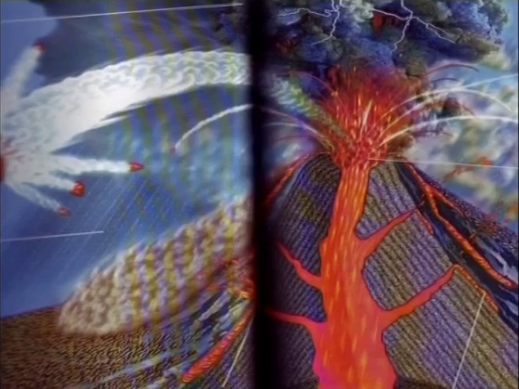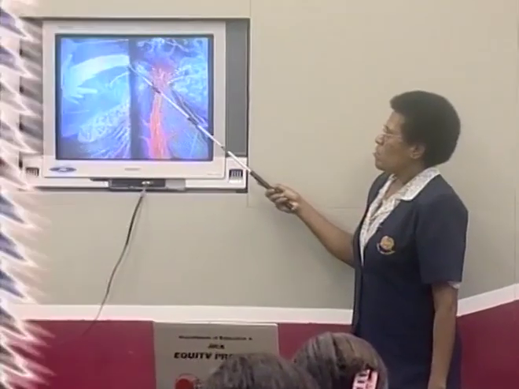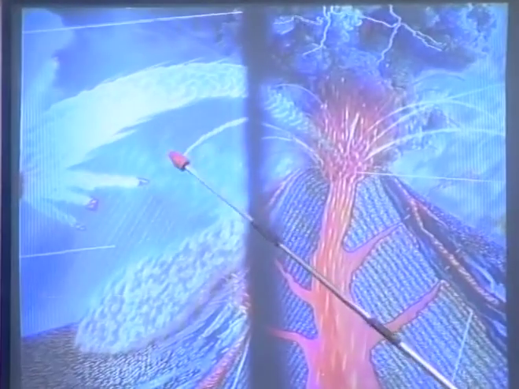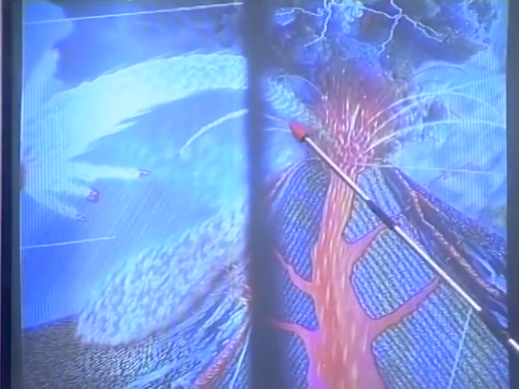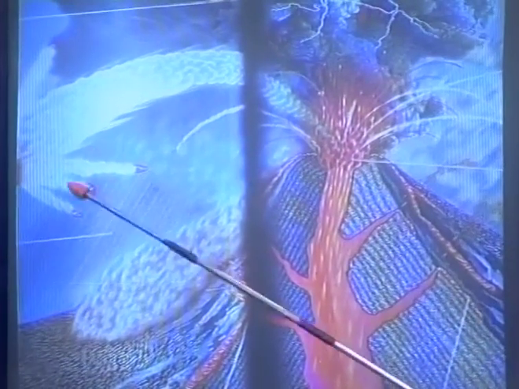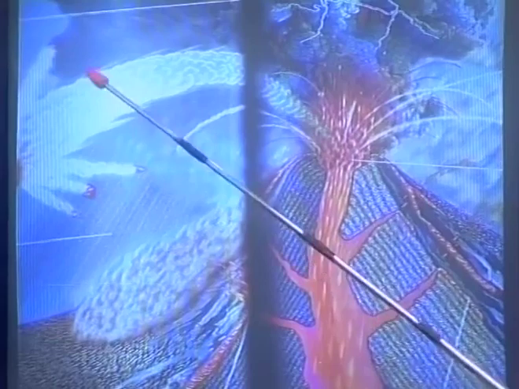Now we have another diagram again of a volcano. This time I'd like you to have a look at this picture here, which shows the volcano throwing out lava. It's throwing out rocks.